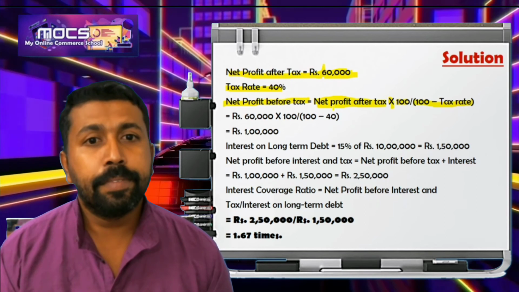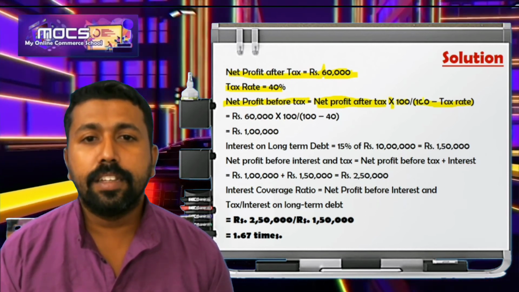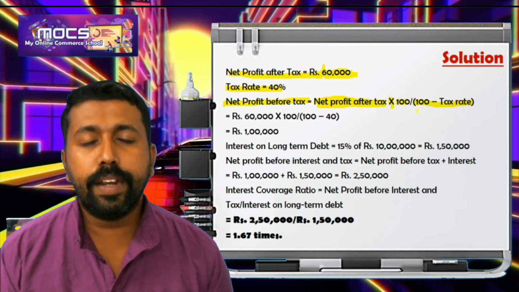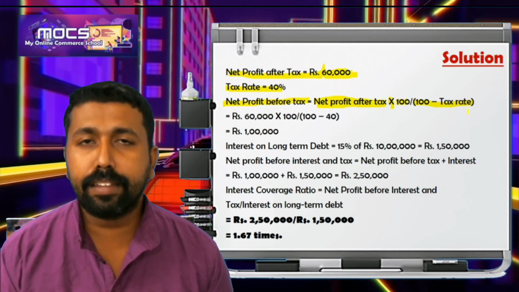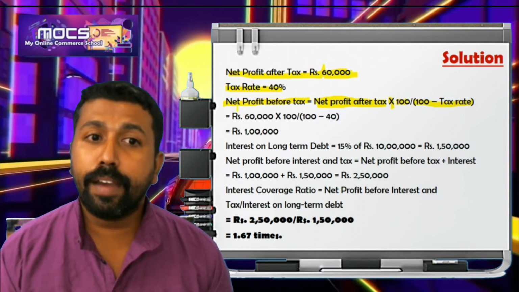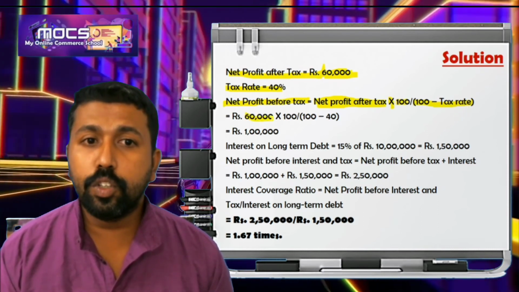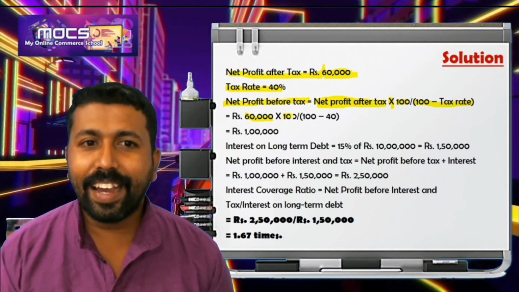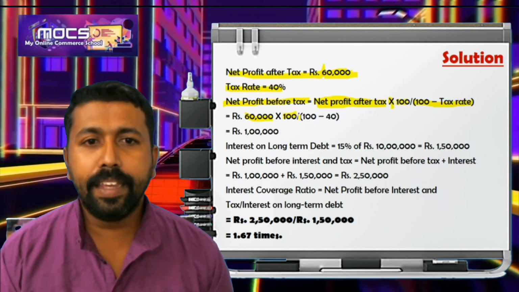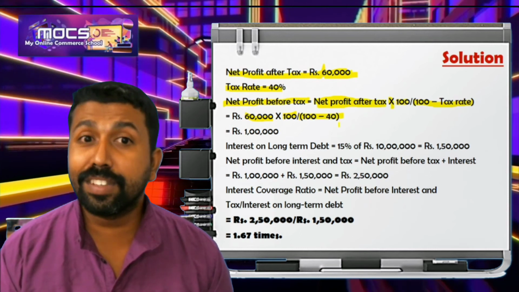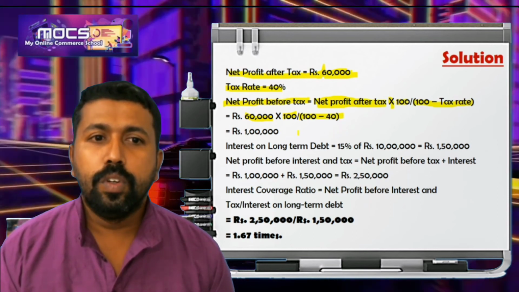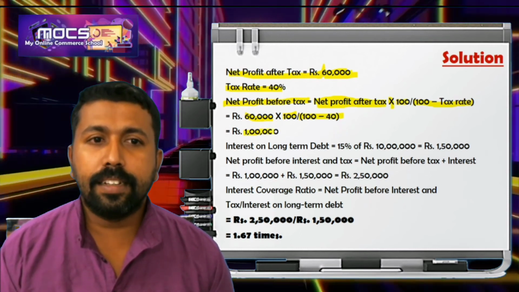Once again, net profit after tax into 100 divided by 100 minus tax rate. Just apply the values: 60,000 into 100 divided by 100 minus 40, which means 60. So we will get 1 lakh.